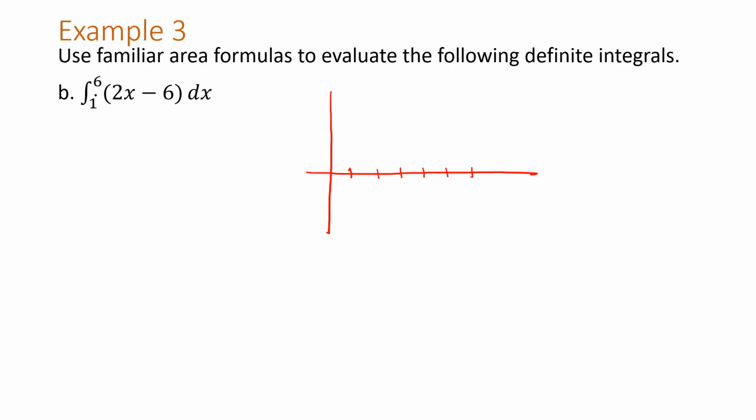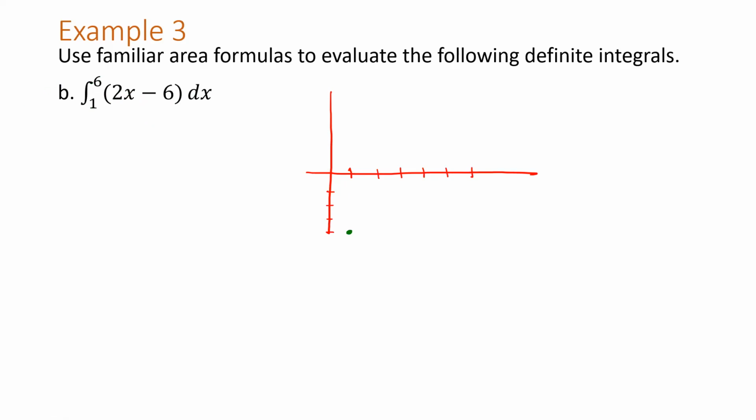And let's see, just to get where the key points here are. At x equals 1, I get 2 times 1 minus 6, which is -4. So actually it's going to be below the x-axis there. So it starts at -4 here.